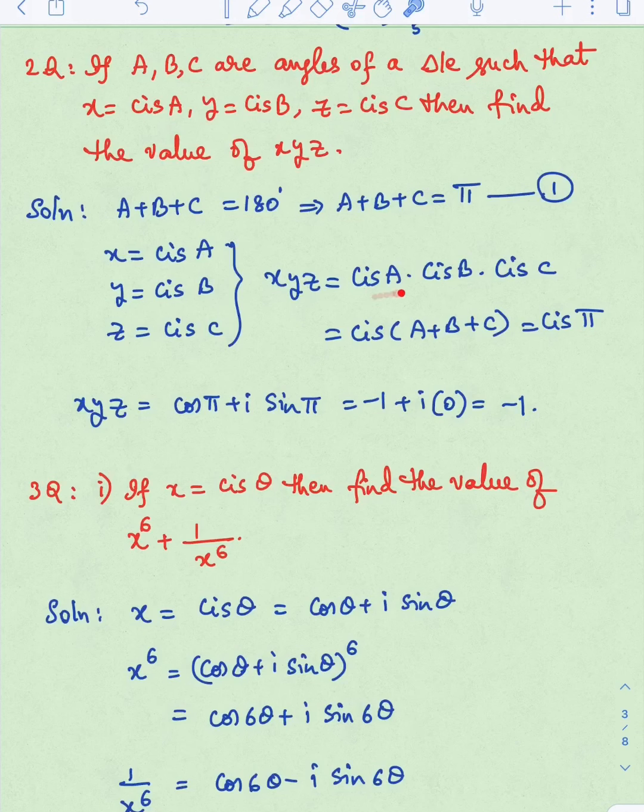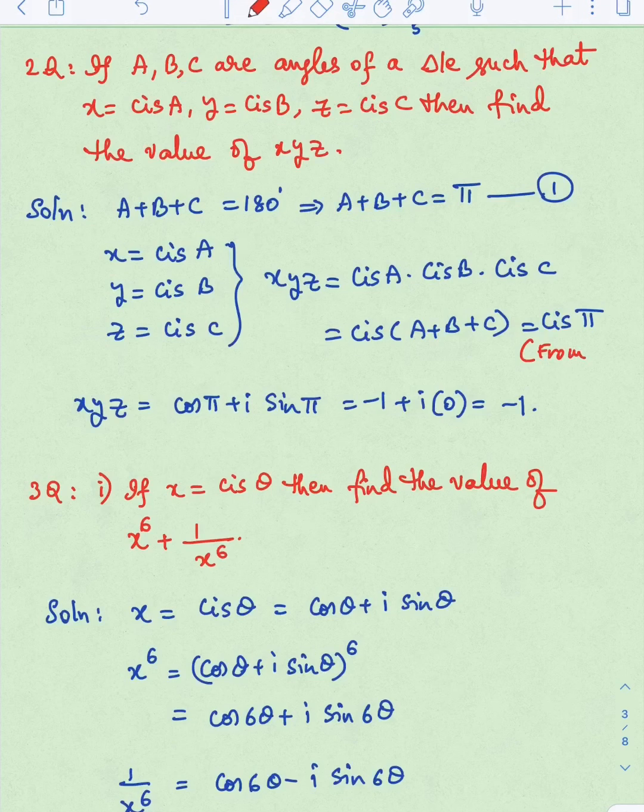There was a formula told to you: cis A into cis B will become cis (A plus B). Like that, here 3 are there, so the 3 angles are added: cis (A plus B plus C). What is A plus B plus C? From equation 1 it is pi. So here cis pi.